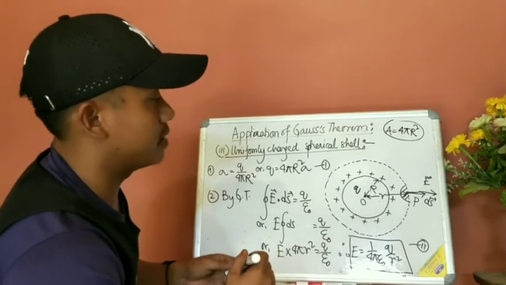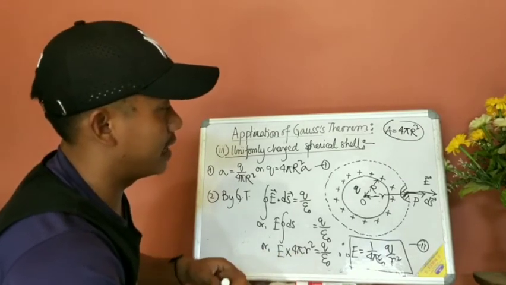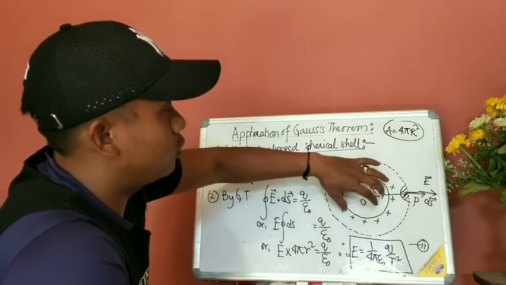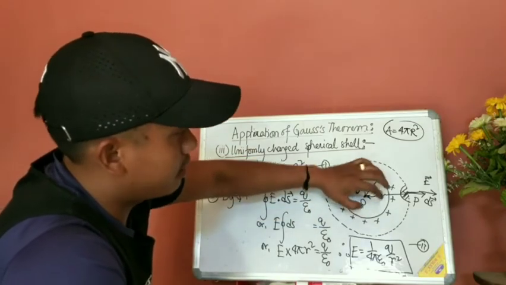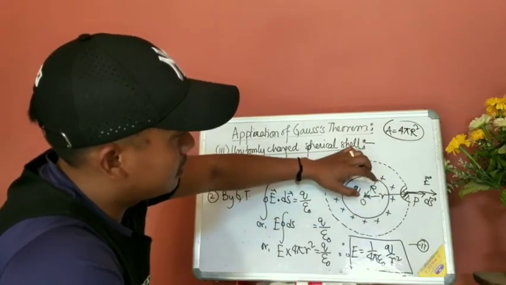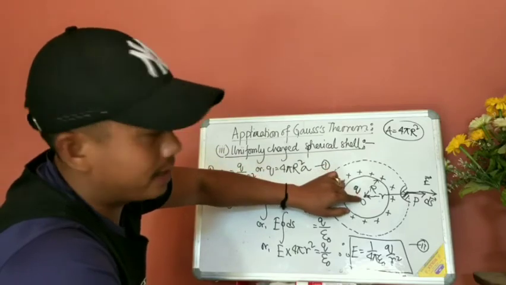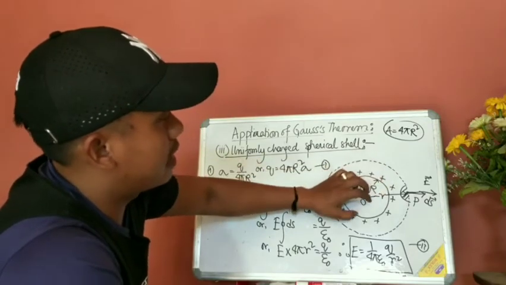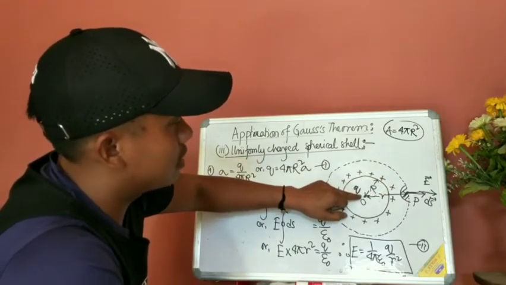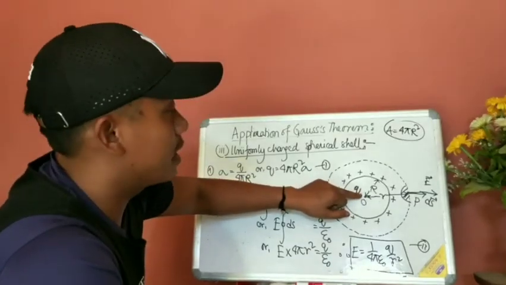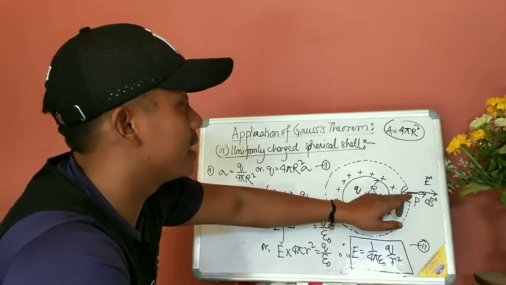The result shows that the electric field due to the entire spherical cell is equal to the case when the entire charge seems to be concentrated at the center of the cell and the electric field is measured at the same point.